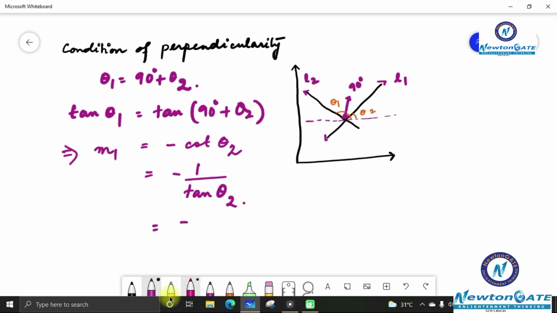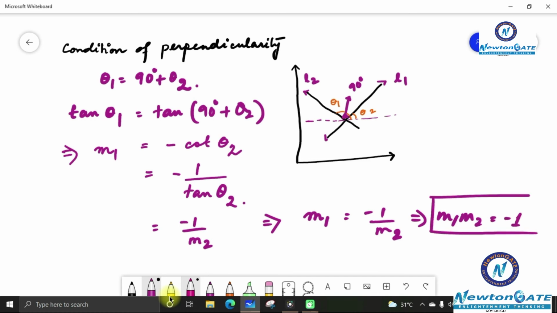So on that we get m2. So we get the relation, a very important one, that is m1 is equal to minus 1 by m2. So m1 m2 is equal to minus 1. This is the condition of perpendicularity for any given lines. Whenever two lines are perpendicular to each other, this is the condition they are going to hold.